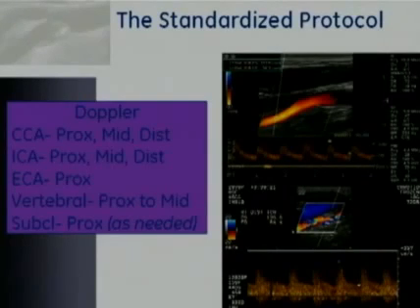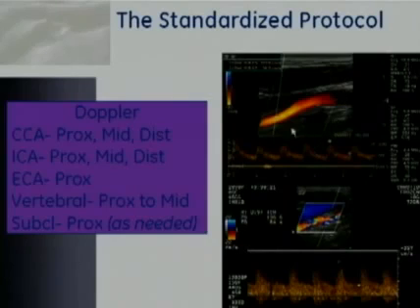And if it is abnormal with the bunny rabbit shaped waveform or reversed, then we also want to document the subclavian artery because that's where the stenosis would be. And the key there is to look at the proximal subclavian artery and not the mid to distal segment, because the part we want to sample is proximal to the takeoff of the vertebral, and that's what would be affecting the vertebral flow and causing it to be reversed.